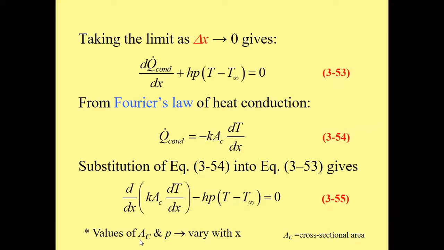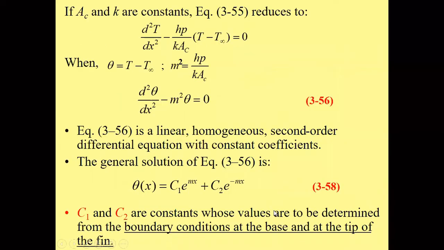And then, of course, the cross section area A_c is changing with x, right? So this is the same as we did before. If A_c and k are taken as constant, you can reduce it into this equation, right?